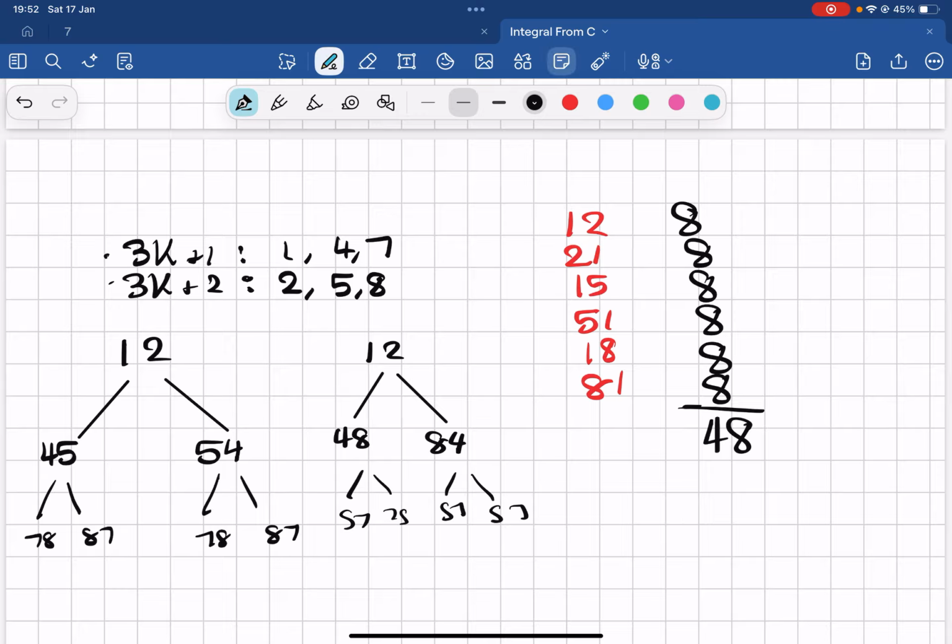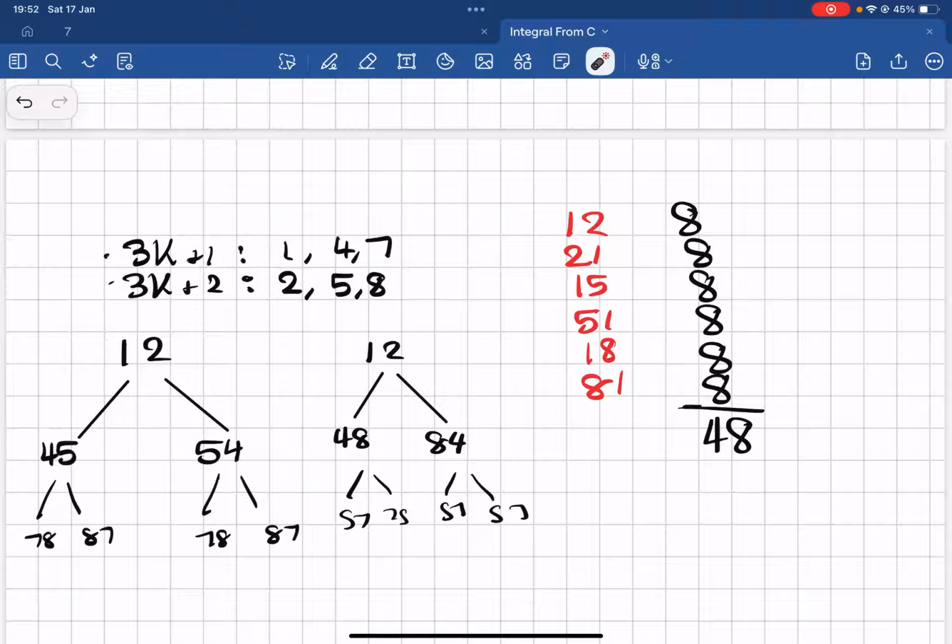Now let's choose our next number from the 3k plus 1 class, 4. The issue with selecting 4 is that when we were dealing with 15 or 18 as our fixed number, we already included 4, I just haven't written it out.